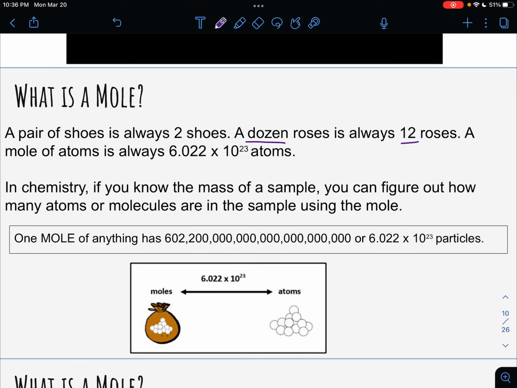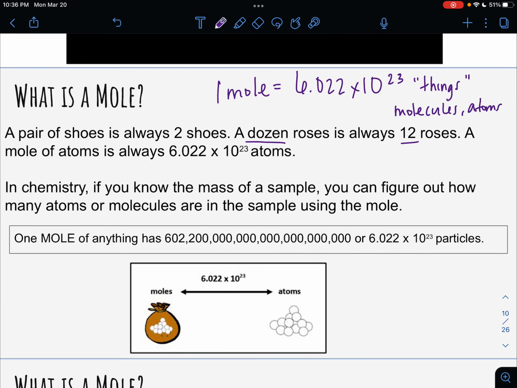When we say a mole, really all we're saying is that there's 6.022 times 10 to the 23rd things. And when we say things, I mean things like molecules, atoms, particles, whatever those little tiny things are that we're talking about. That's how many we have.